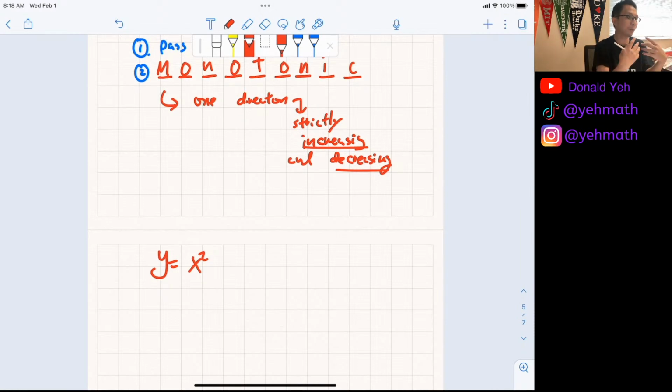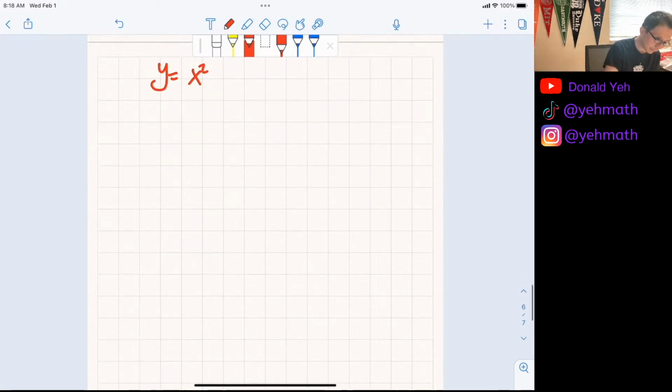However, if I do a restriction where it is just strictly decreasing or strictly increasing, then you can have an inverse. For example, if your restriction is from -1 to infinity, you still fail the horizontal line test. It's still not strictly increasing. In order to have strictly increasing, what do you need? 0 to infinity.